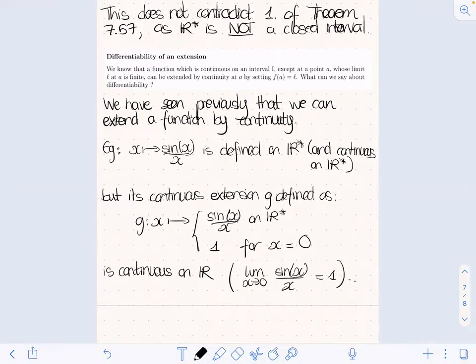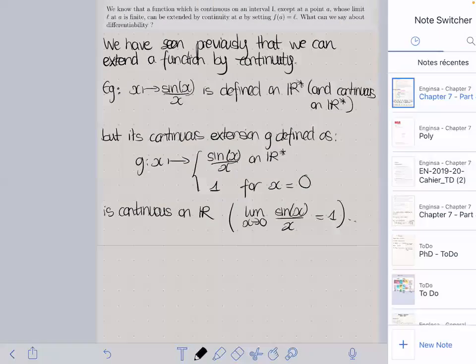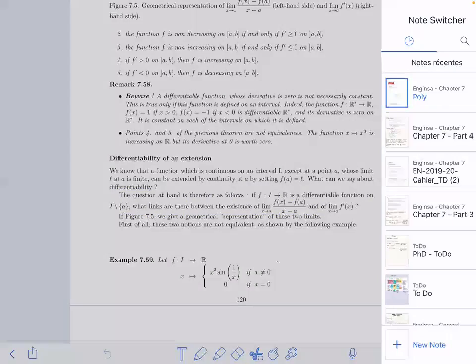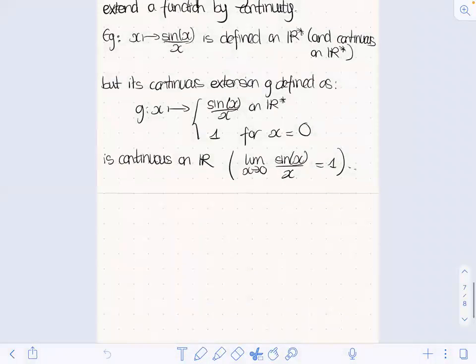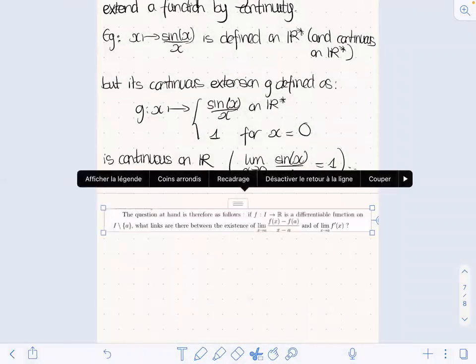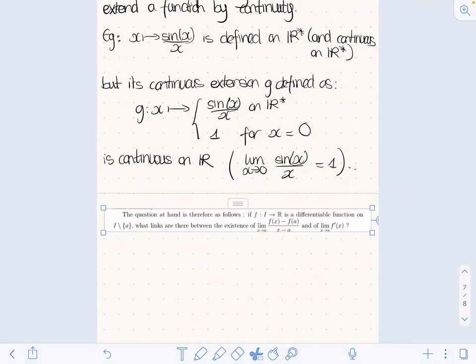And we can extend on the idea. Here, in the example I've just mentioned, we had a function that was continuous almost everywhere except at a point, but the limit of the function when that point's reached was finite. So we can add a point onto the function and extend it to be continuous.